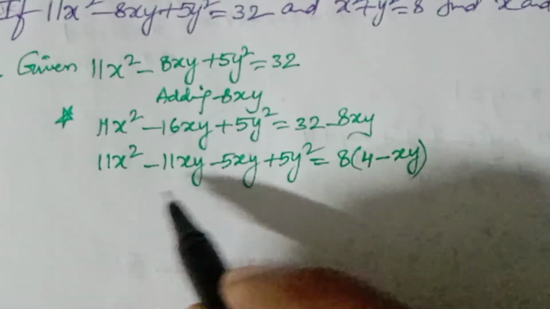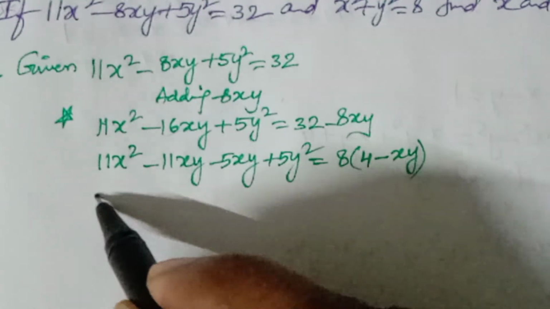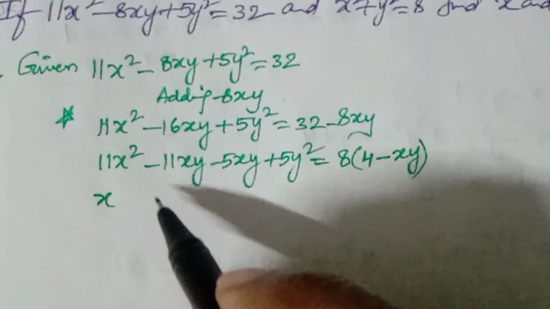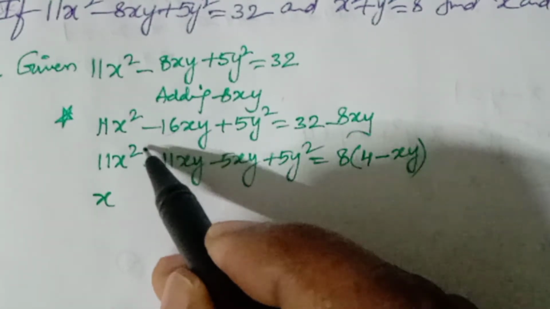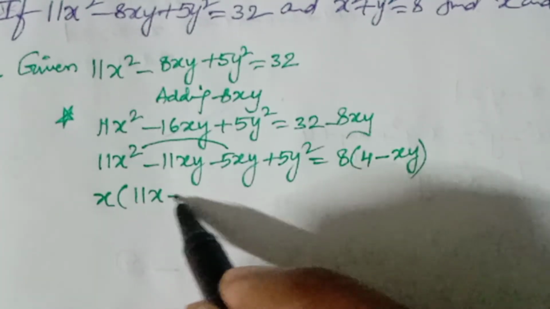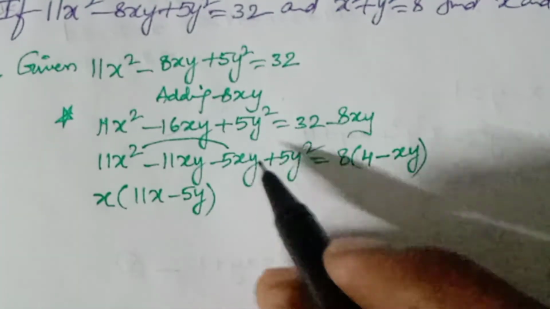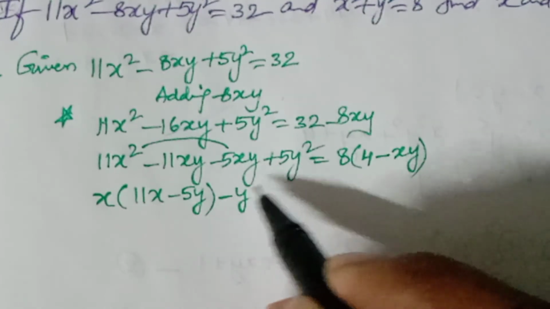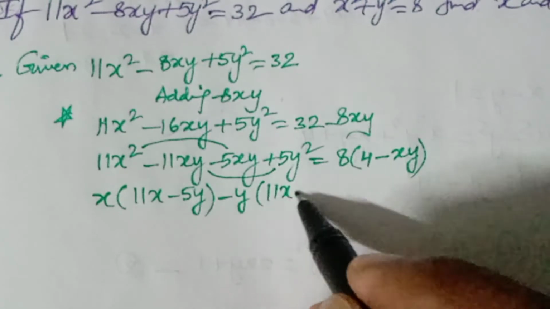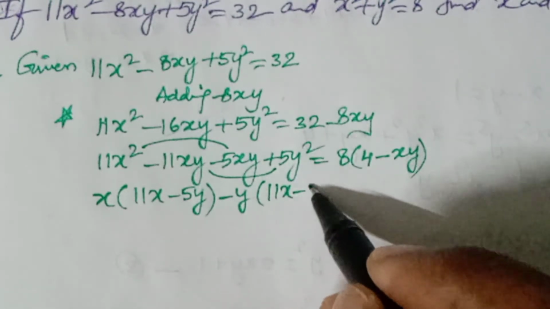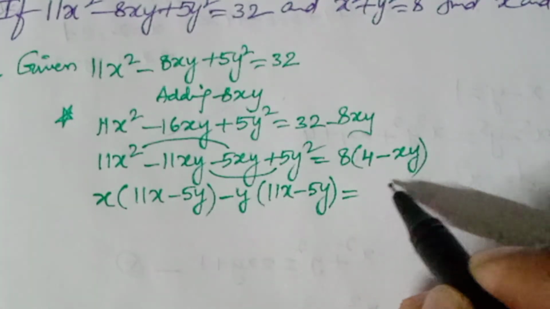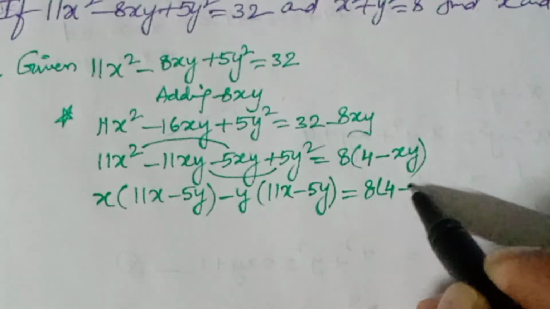So here you can take factors. If you take x common, here I am taking factors between this one and this one: x common, 11x minus 5y, minus y common from this one and this one, 11x minus 5y, is equal to 8 into 4 minus xy.